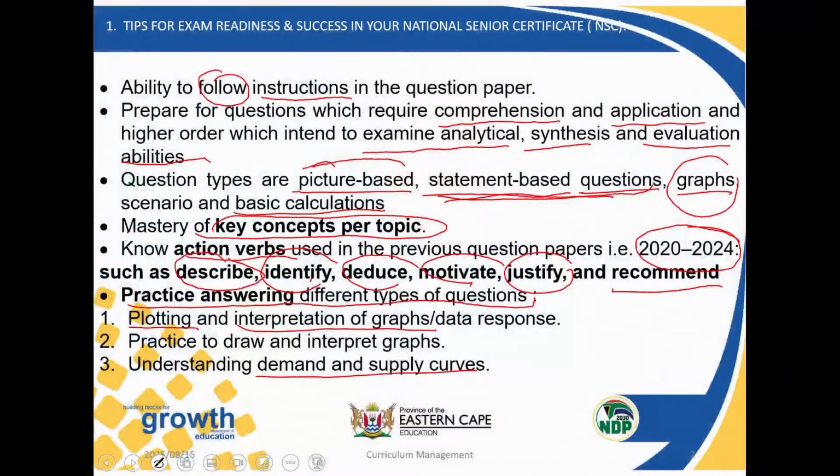And lastly, on these tips, you need to understand these very important 2 concepts. The concept of demand, you need to understand and be able to define and identify in a graph what is being demanded, depending on how the graph is plotted. And also, you must be able to identify in a graph what is it that is being supplied.